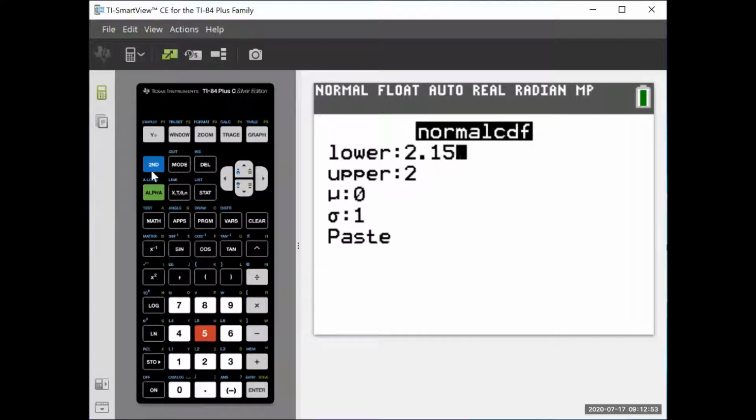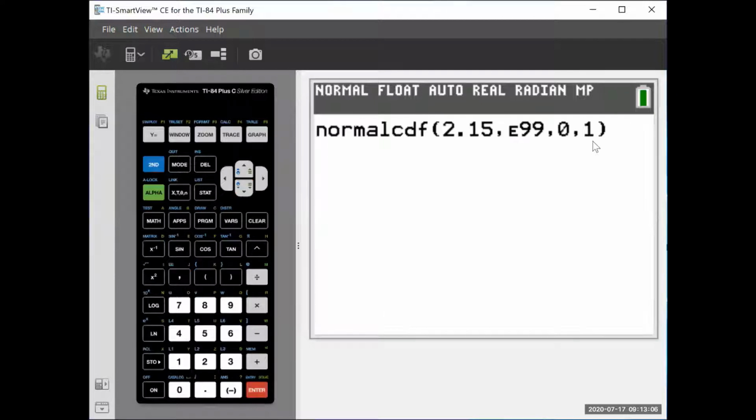Upper limit is positive infinity, so it is second and then comma, that will give you E99, which is positive infinity, mean 0, standard deviation 1. Paste that on the main screen, hit enter, and that is your result. If you write up to 4 decimal places, it should be 0.0158.